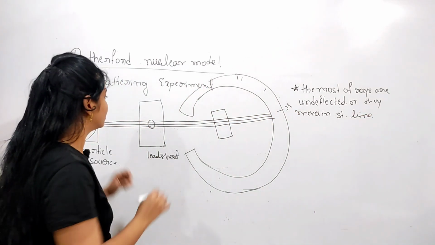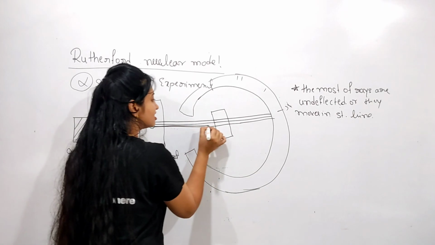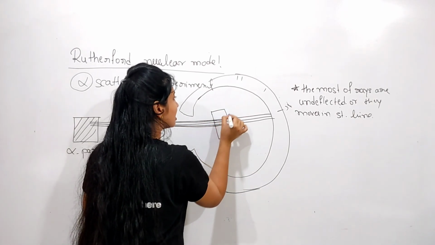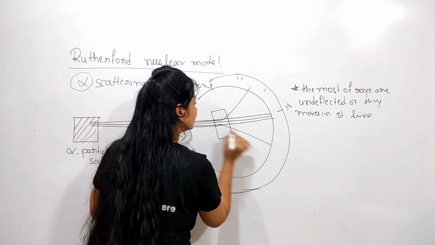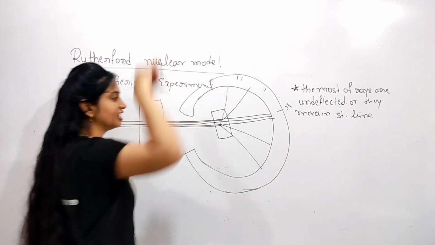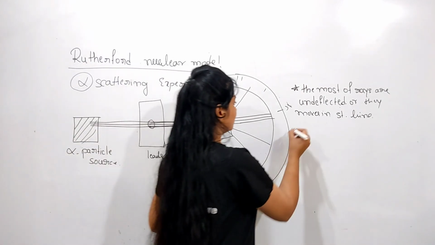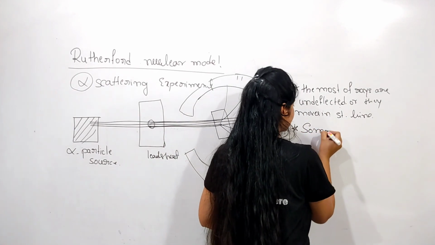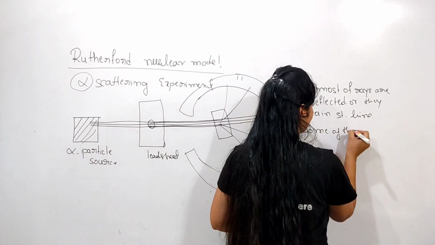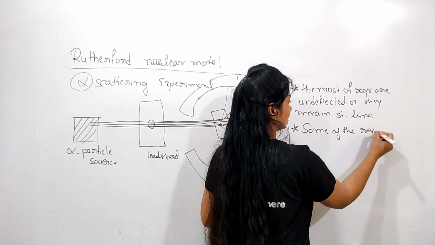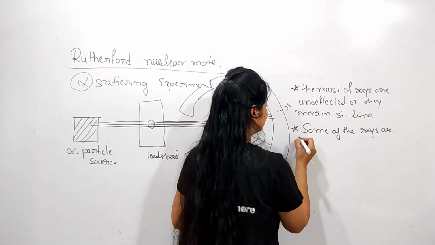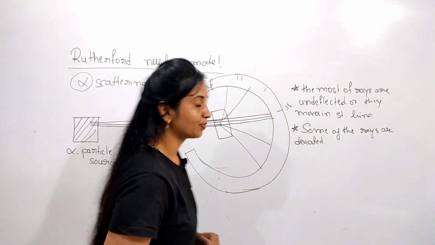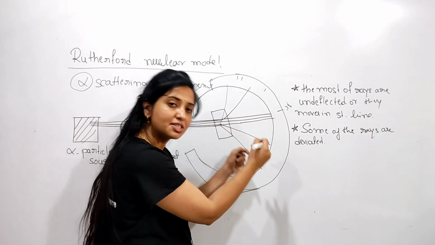And next, some of the rays are deviated at certain angles.